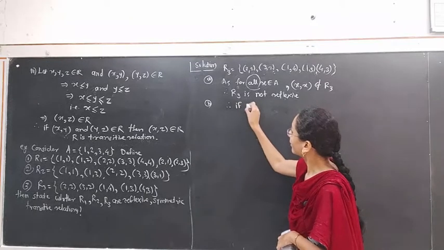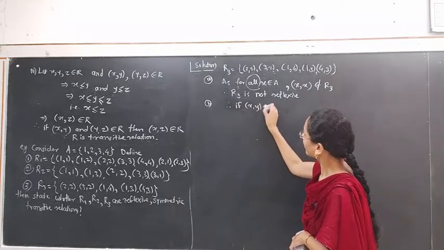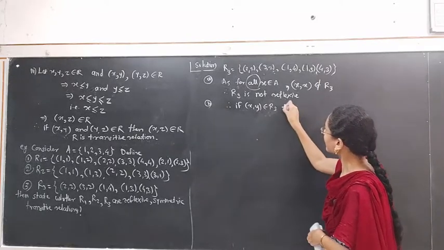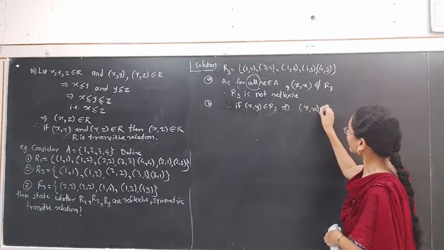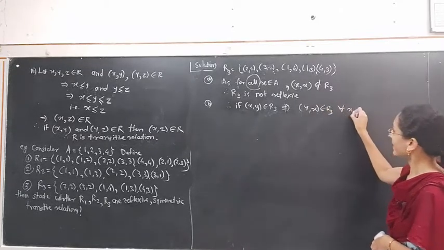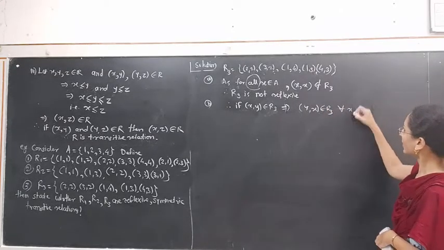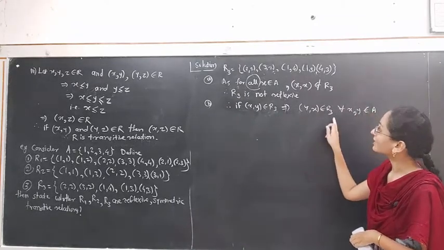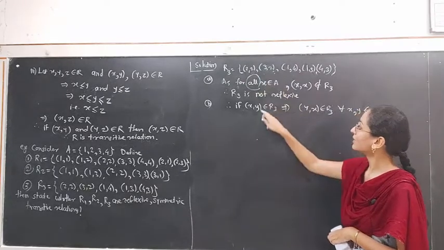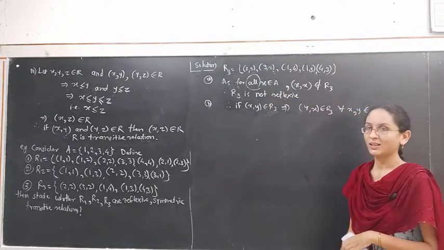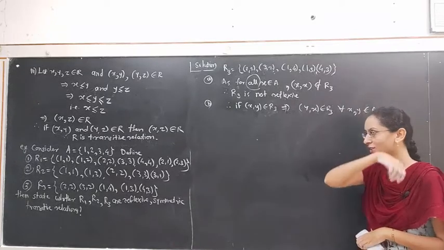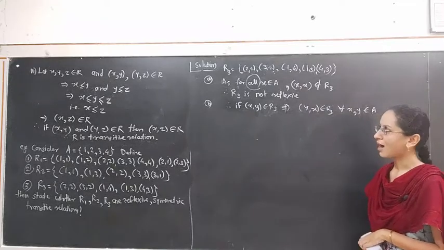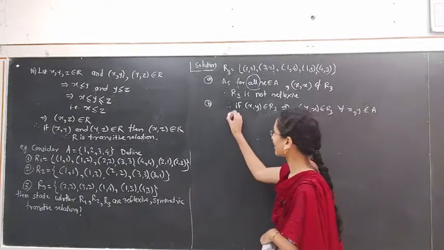Hence, if (x, y) belongs to R3, this does not imply (y, x) belongs to R3 for all x, y belonging to set A. For example, (3, 2) belongs to R3, but (2, 3) does not belong to R3. Therefore, the definition of a symmetric relation is not true for one ordered pair (3, 2). Hence, the whole relation R3 is not a symmetric relation.